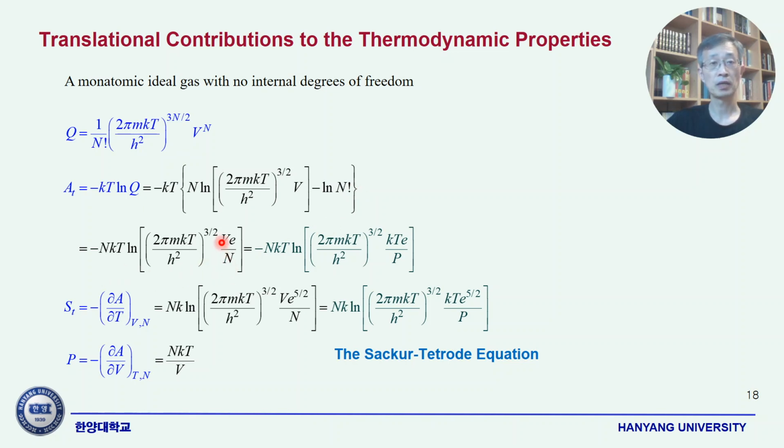And then what we do here is use this relationship, PV equals capital N kT, or PV equals small n RT, the ideal gas equation.